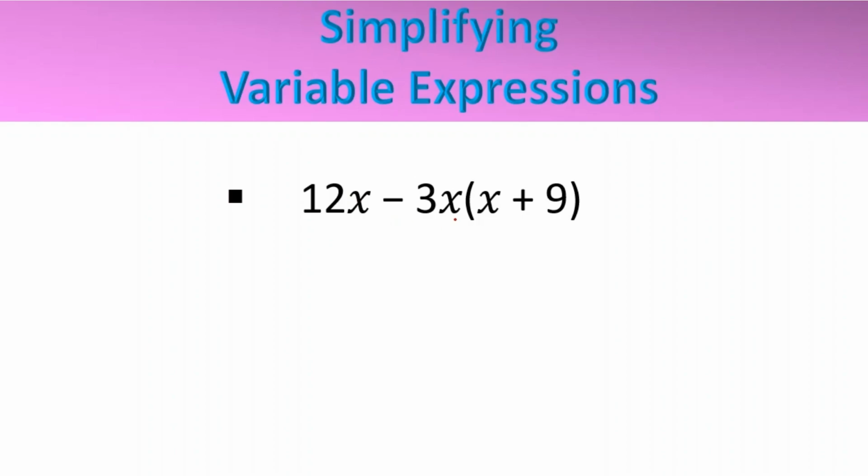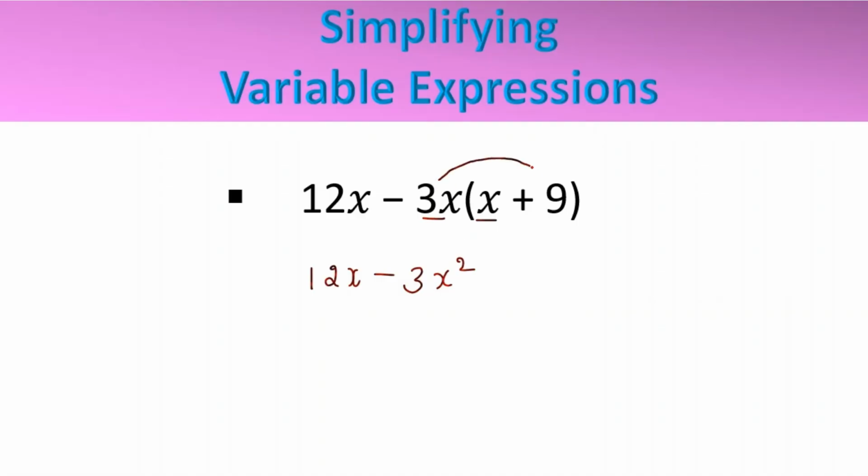12x minus 3x of (x plus 9). First, we need to open the bracket by keeping 12x as it is. Negative term multiplied with positive term gives the negative sign. 3x times x is equal to 3x to the power of 2.